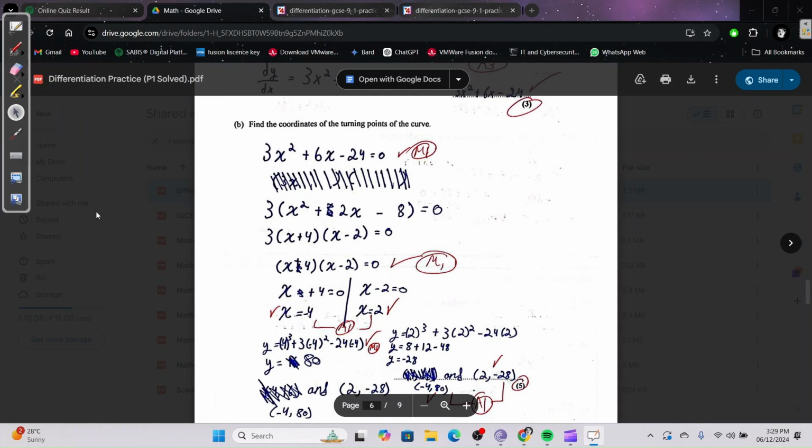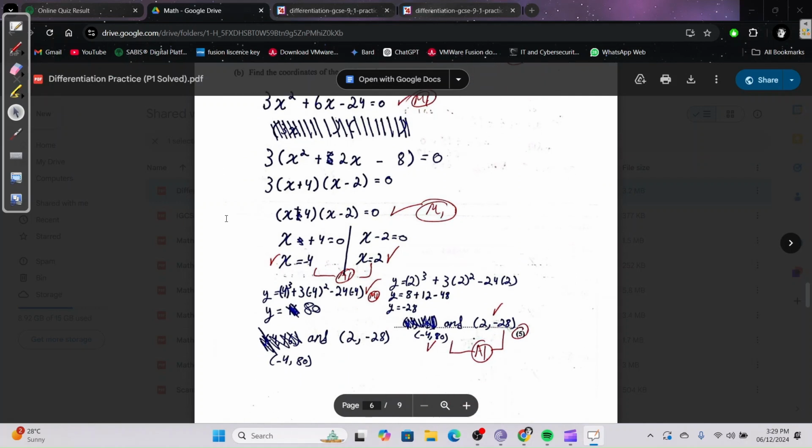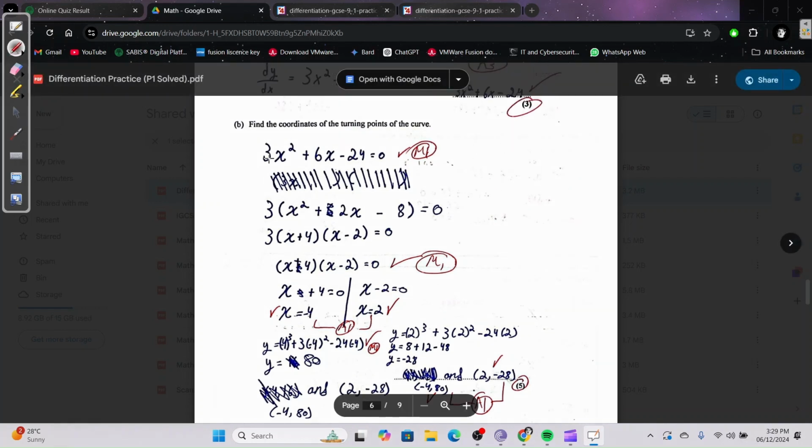This time you actually need to factor. Sorry for people who hate factoring. First, you notice they're all divisible by 3, so you take 3 out as a common factor: x squared plus 2x minus 8. Now we want to factor, and this is basic factoring.